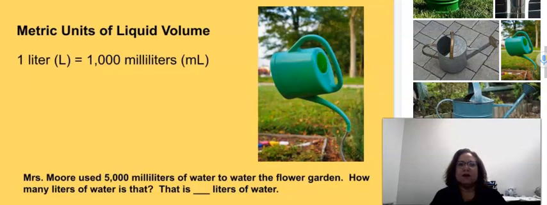So if there are 1,000 milliliters in each liter, and we have 5,000 milliliters, we're going to be dividing 5,000 divided by 1,000. That gives us 5 liters of water. So she used 5 liters of water to water the flower garden.